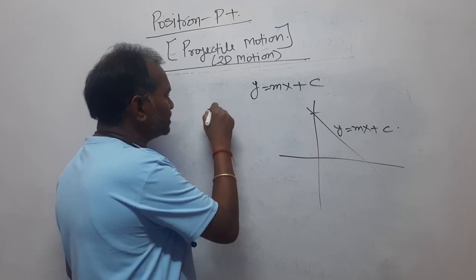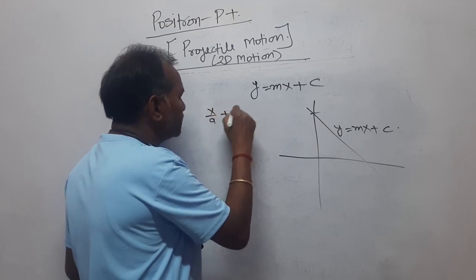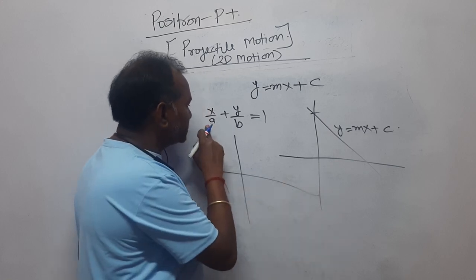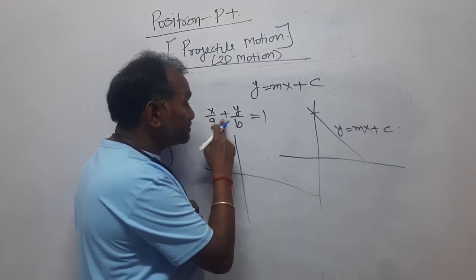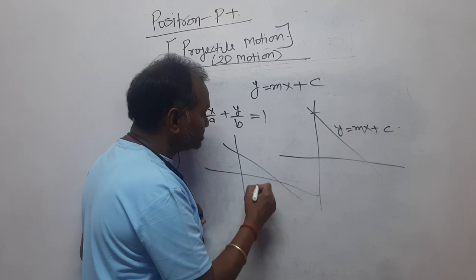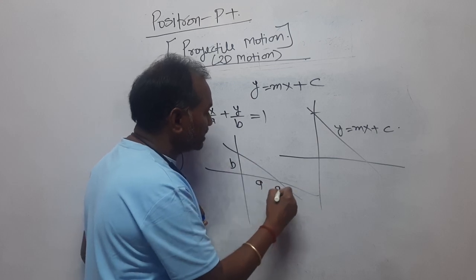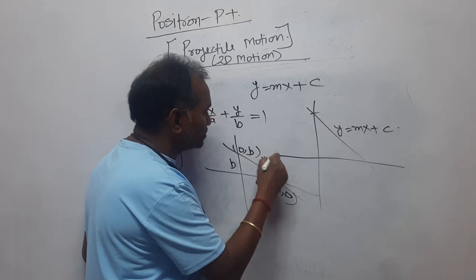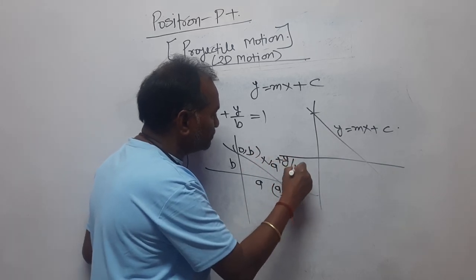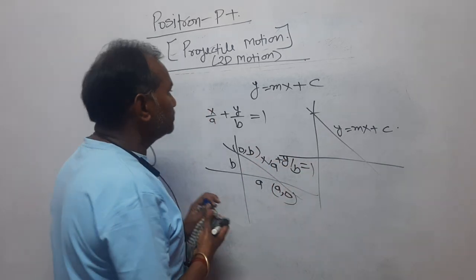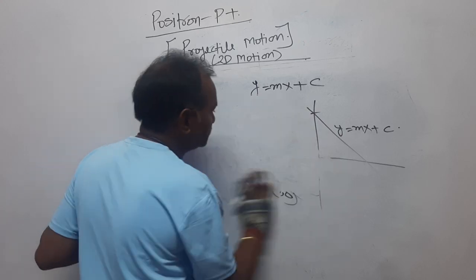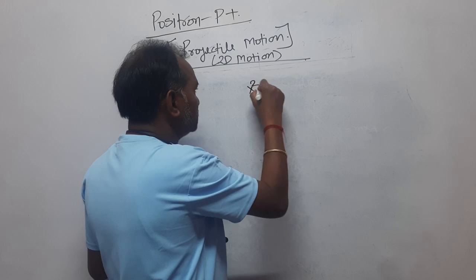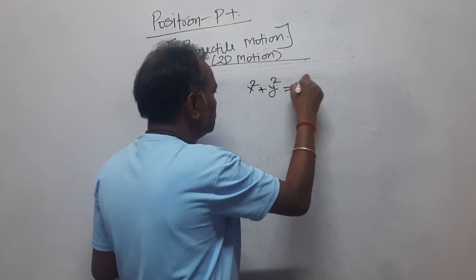The equation of a straight line you can also write as x upon a plus y upon b equals 1, meaning a line which makes positive intercepts on both the x and y axes. This is a, this is b. You can write the points (a, 0) and (0, b), and this equation is x/a plus y/b equals 1. In a similar way, the equation of a circle is x square plus y square equals a square.